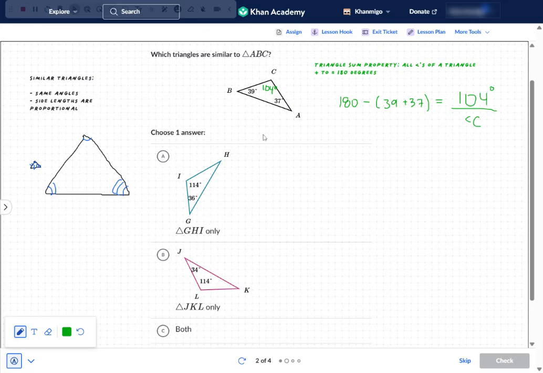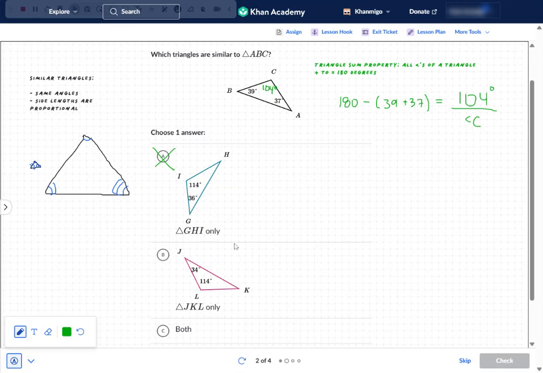So we're checking with these measurements: is there any triangle that has the same measurements, or at least two of the same? Because if they have two of the same, then the third one has to be the same also, since the angles only add up to 180. Looking at this, I see 36 and 114, and we don't have any of those numbers, so it can't be A. For B, I see 34 and 114, which makes me wonder, was there a 114?